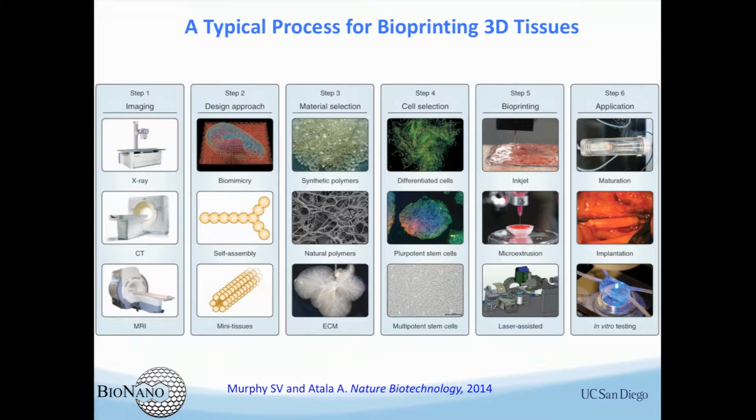Then you find what material to use. For instance, if you want to create a heart tissue, you cannot use ceramic materials to support these cells. You have to have some sort of soft, biocompatible material that can work with heart cells, cardiac cells. Then you do the printing part, in this case, to create this biomimetic tissue. Then you go do the testing and applications.